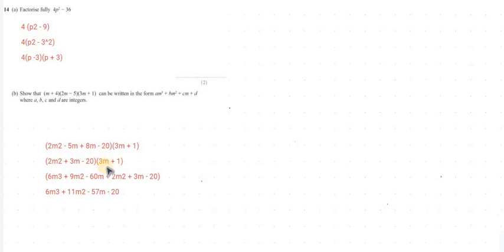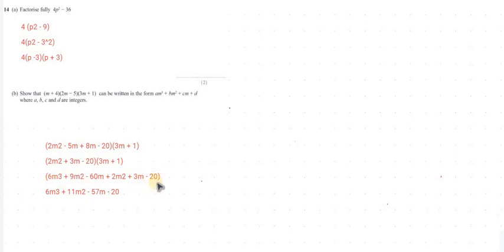And then we multiply by 3n plus 1. 3n times 2n squared is 6n cubed. 3n times plus 3n, 9n squared. 3n times minus 20, minus 60n. And then 1 times all these three is just themselves, so they just fall in.